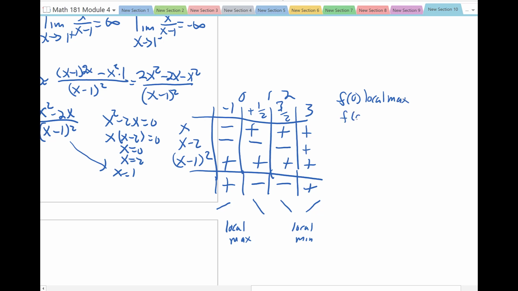And f of 0 is what? 0. And that was also our intercept, wasn't it? F of 2, which equals 4, is a local min. No, that doesn't make sense. I guess this is local min, okay.